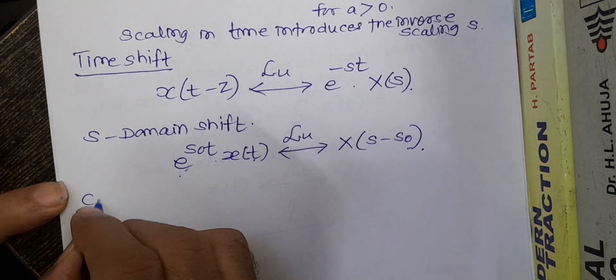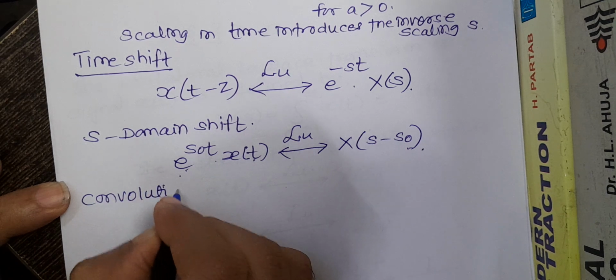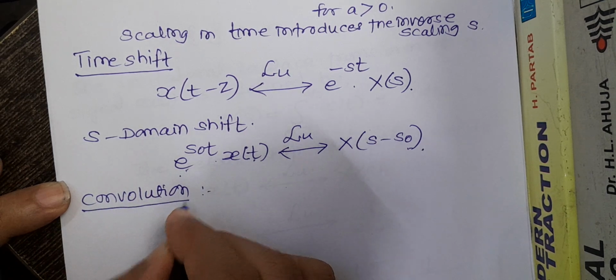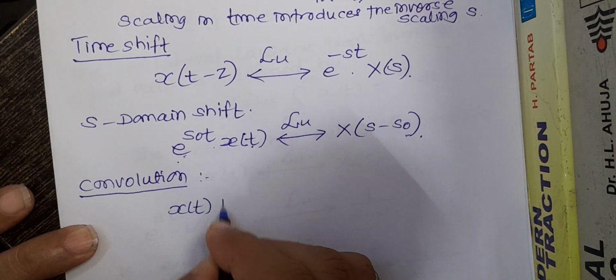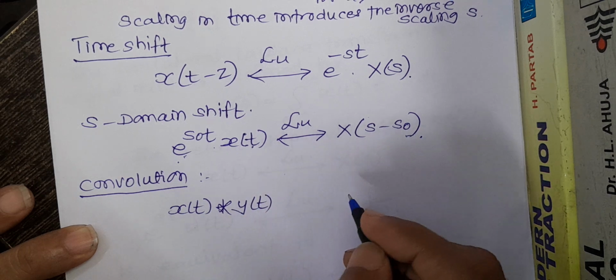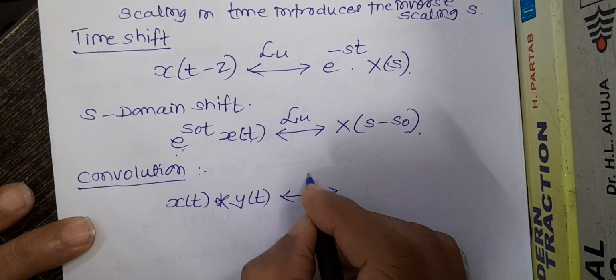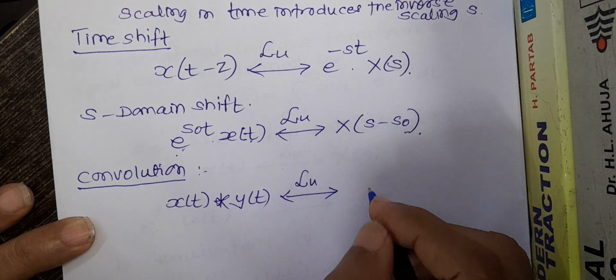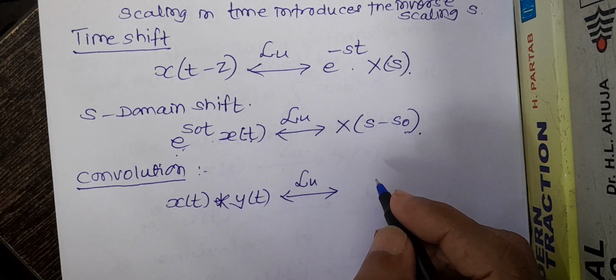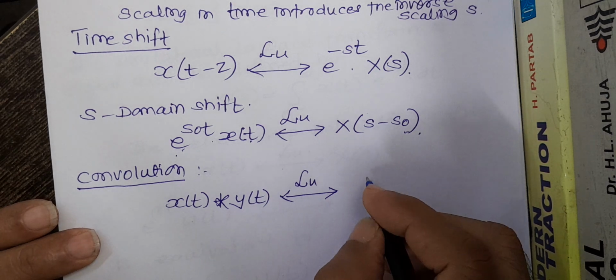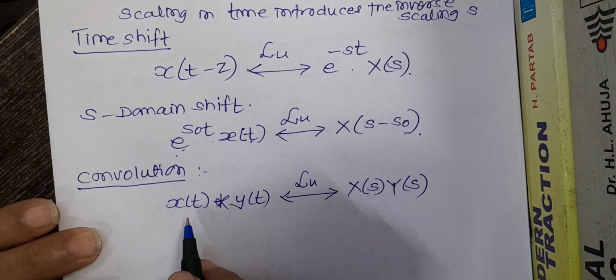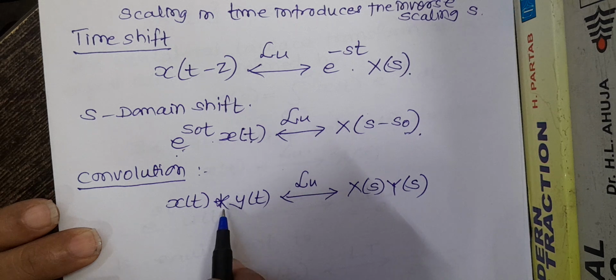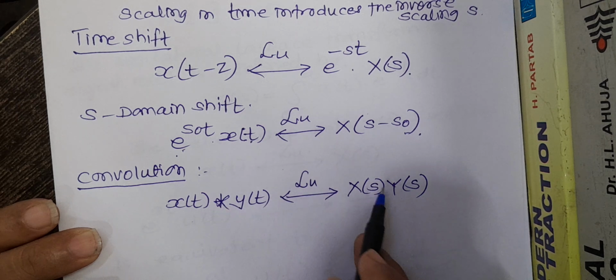Next is the convolution property. So we know the x of t, which is convolved with y of t, its Laplace transform of the unilateral function is equal to x of s into y of s. So the convolution in time corresponds to the multiplication of Laplace transform.